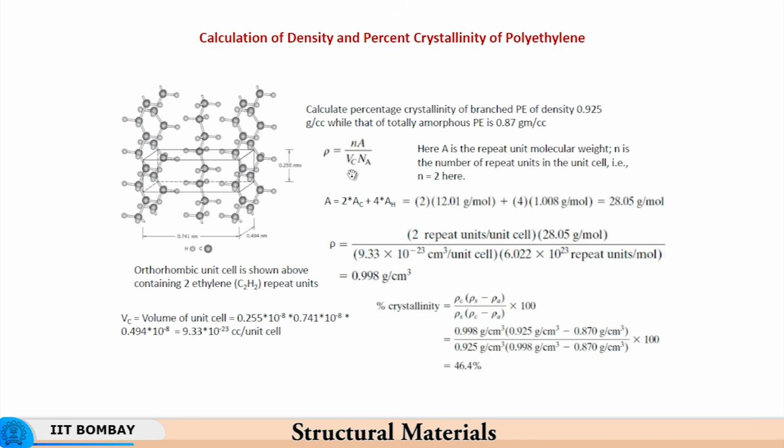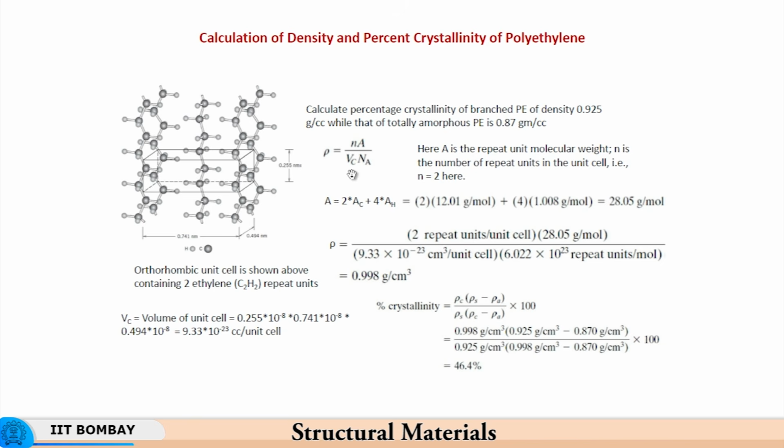That gives us the total molecular weight. So 2 into 12.01 gram per mole plus 4 into 1.008 gram per mole, and that gives us 28.05 gram per mole.